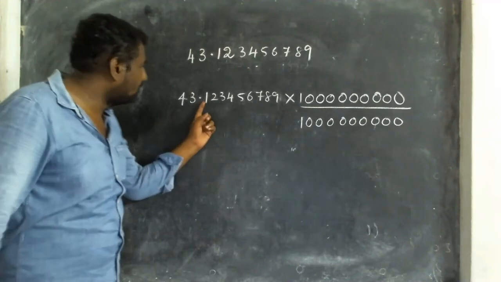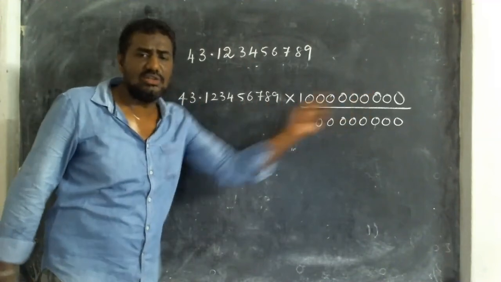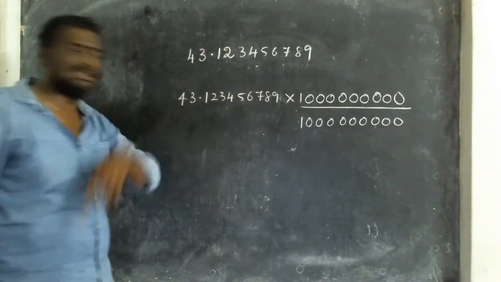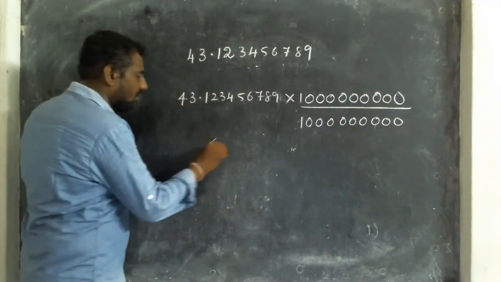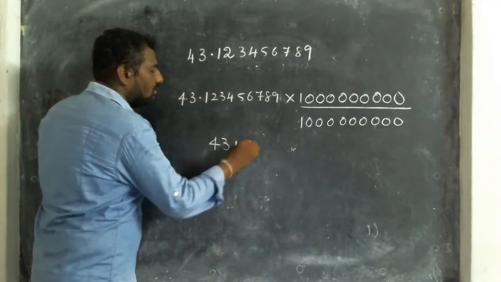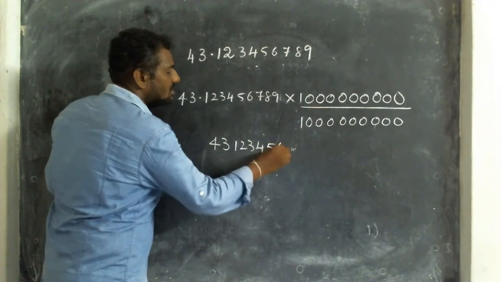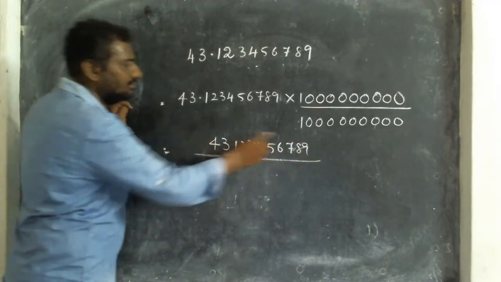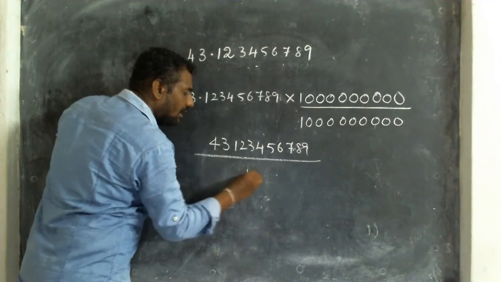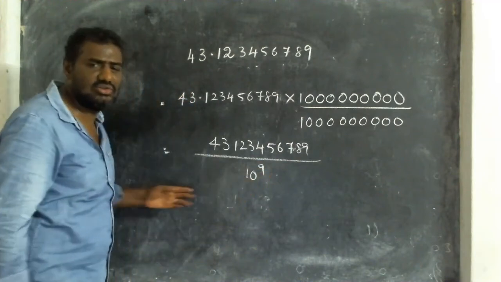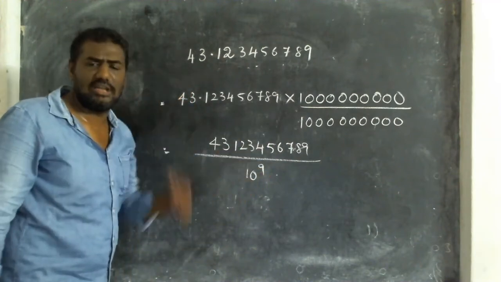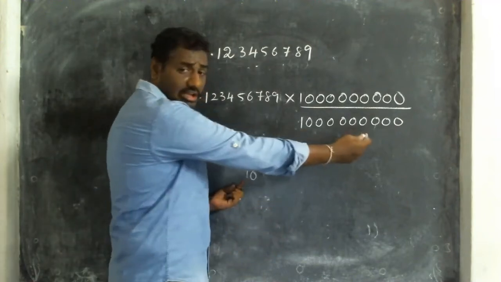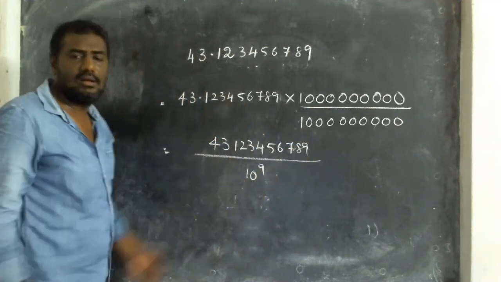After the decimal there are 9 numbers and 9 zeros, equal number of numbers and zeros, so we can remove the decimal and write 43123456789 divided by this. I write it as 10 power 9. Instead of writing 9 zeros, I write 1 and count how many zeros: 9. So I wrote 10 power 9.